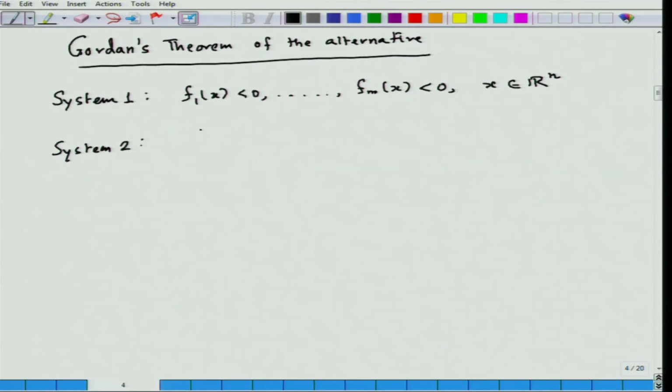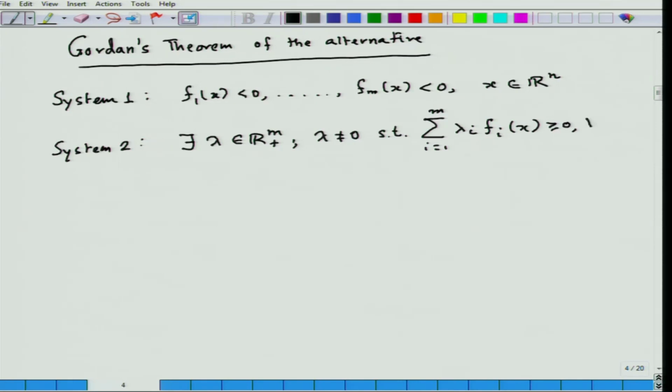Or else system 2 says that there exists a lambda in Rm plus, that is, all the components of this vector in Rm are non-negative, and lambda is not the 0 vector in Rm, such that when individual components of lambda are multiplied with these Fi's, this sum is always greater than or equal to 0 for all x you take.